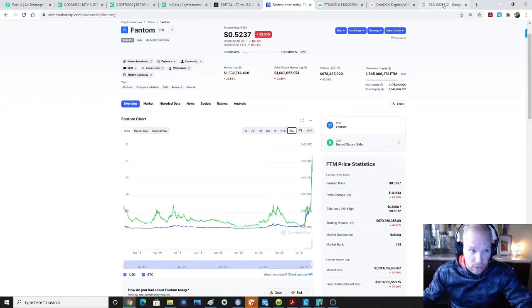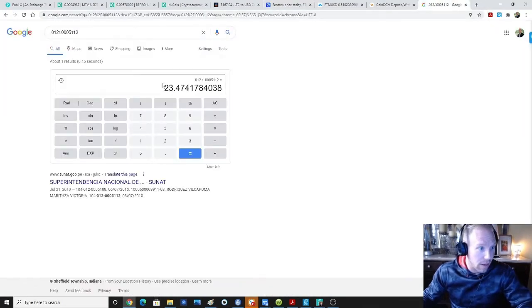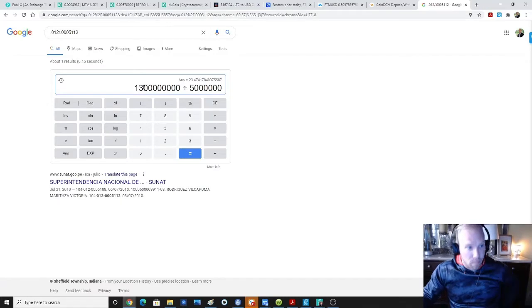So let's do some math, right? Okay, so this is 1.3 billion divided by 5 million cap. And what this math does is it tells you how many times your money goes up.